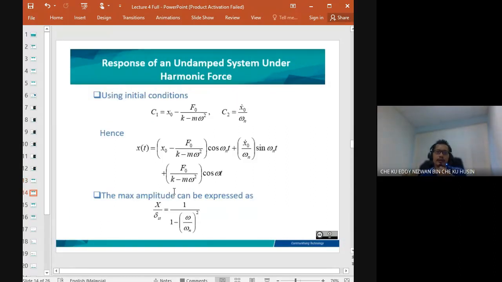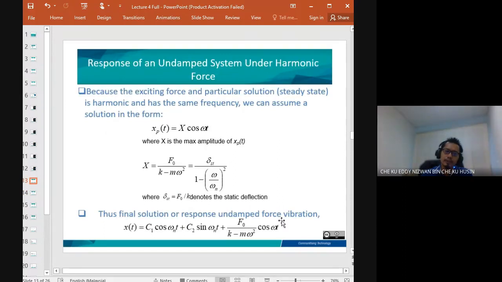And this one is actually the general solution. You can use this if you face a very simple, straightforward system. But if you deal with a slightly more complex system, I prefer you derive from this solution.